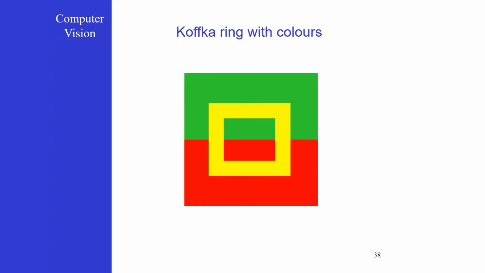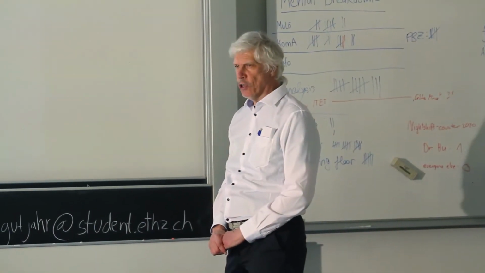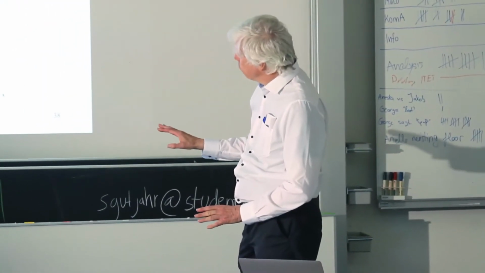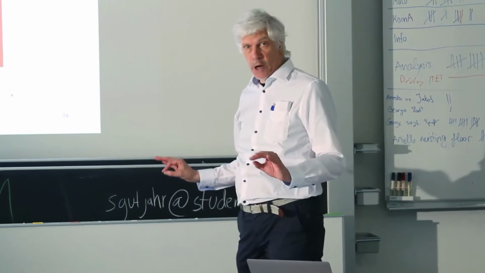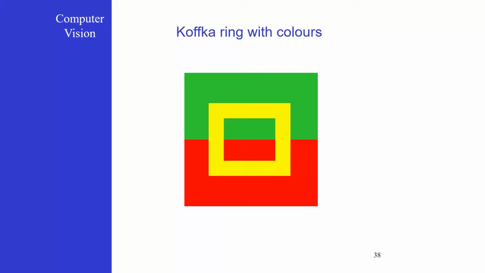Let's revisit this Benussi ring. We saw it with different intensities. This is basically the same setup, but now with different colors. And we will change this pattern only ever so slightly by adding two small horizontal lines, like that.